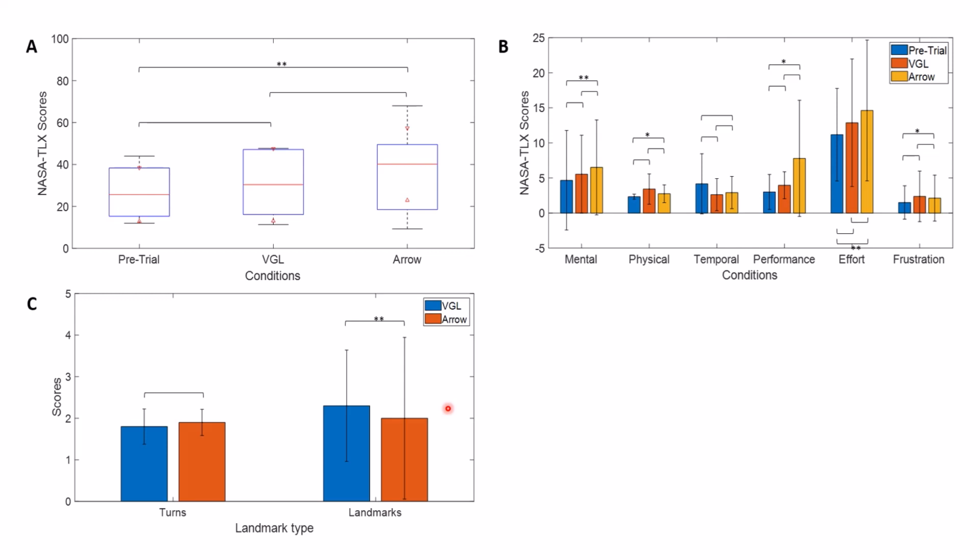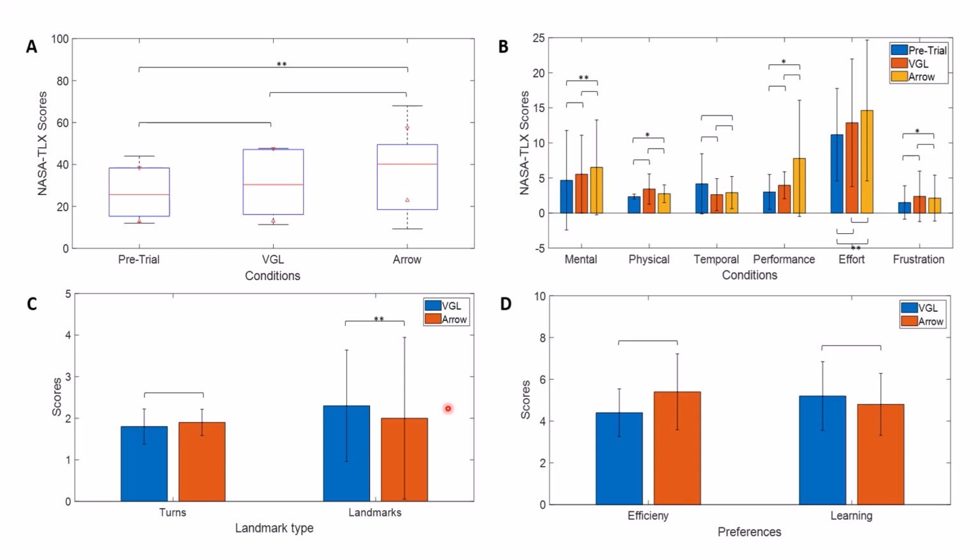Lastly, we also asked for their preference and feedback on VGL and arrow. Of course, in terms of efficiency, directional arrows are better per the participants, but in terms of learning, they think that VGL is much better for learning about the environment.